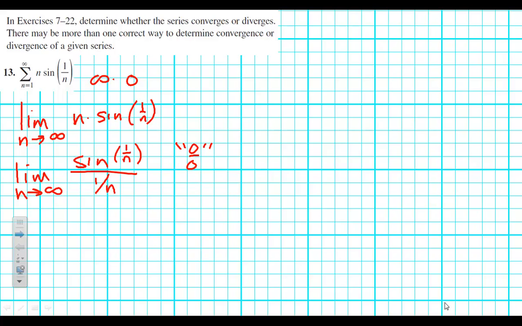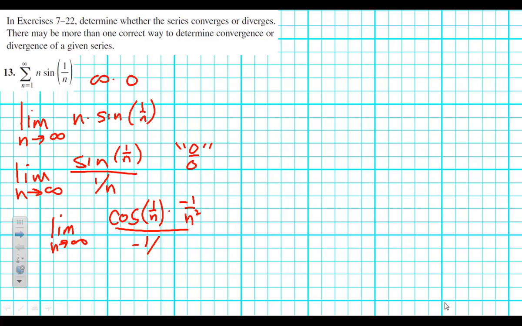Let's give that a try. The limit as n approaches infinity, the derivative of the top is cosine of 1 over n multiplied by the chain rule, negative 1 over n squared, all over the derivative of the bottom, negative 1 over n squared.